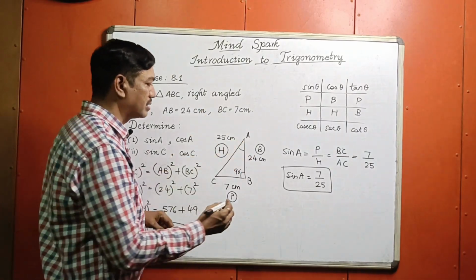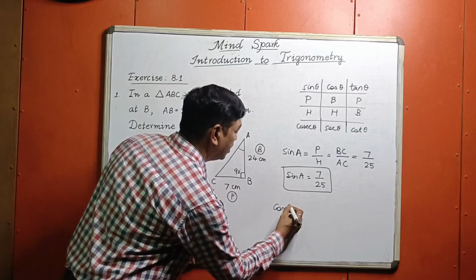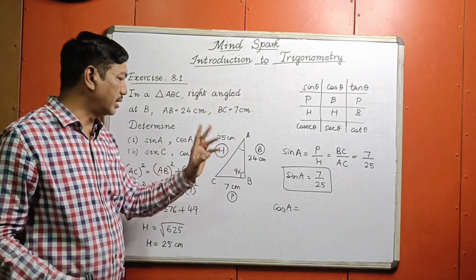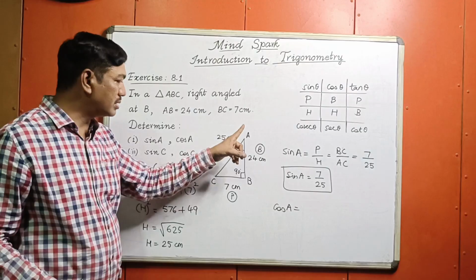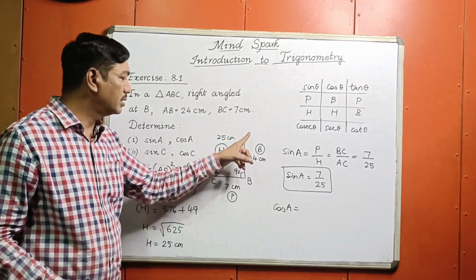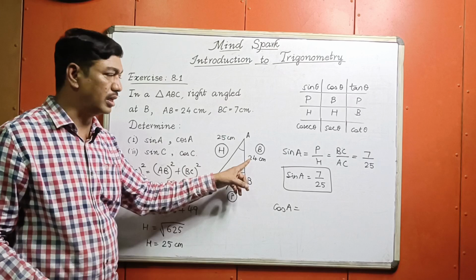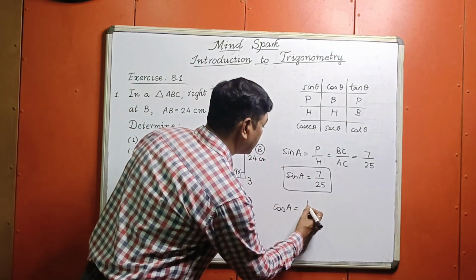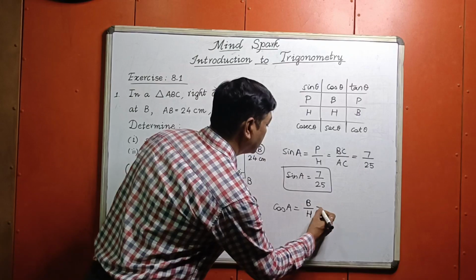Next, what is cos A? Again, you are thinking about A. With respect to A, which side is near to A? That is AB, the adjacent side. So adjacent side by hypotenuse, that is base by hypotenuse. What is base?